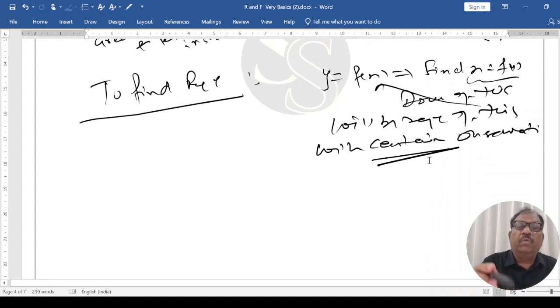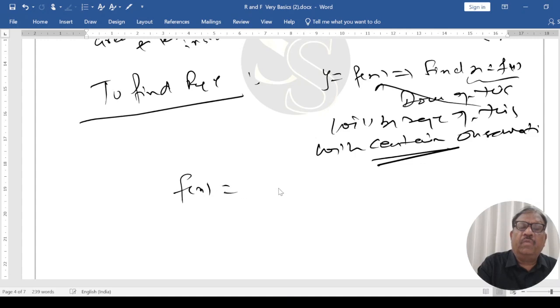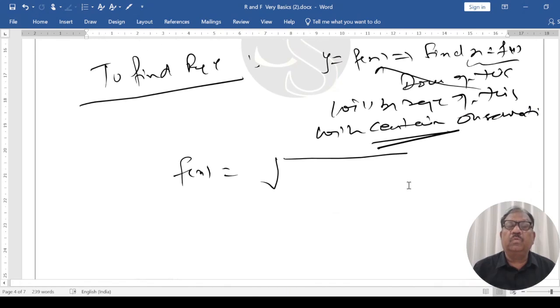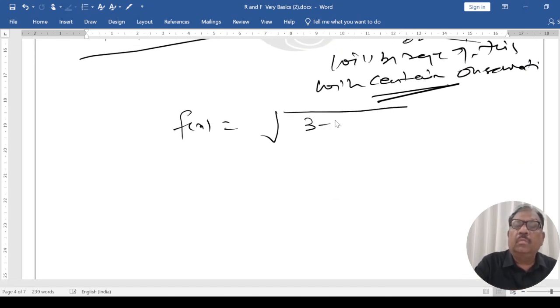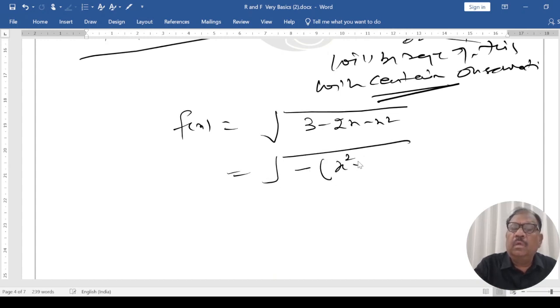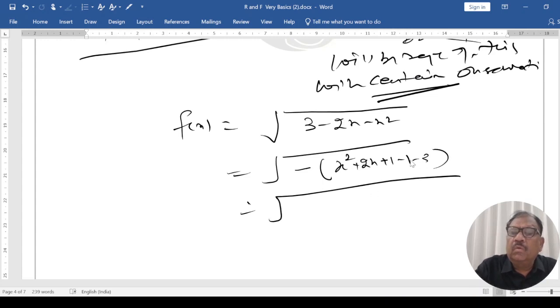Or in this case, we can find it as follows. f(x) is under root 3 minus 2x minus x square. Factoring out the minus sign, minus of x square plus 2x plus 1 minus 1 minus 3. On simplification, this comes out to be under root of 4 minus x plus 1 whole square.